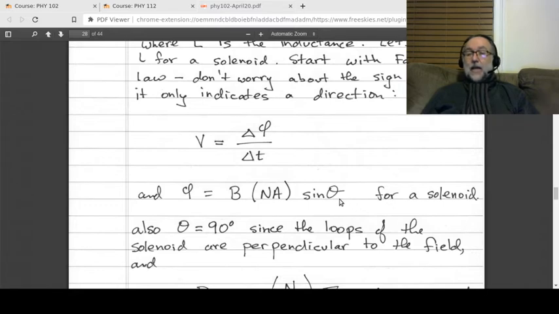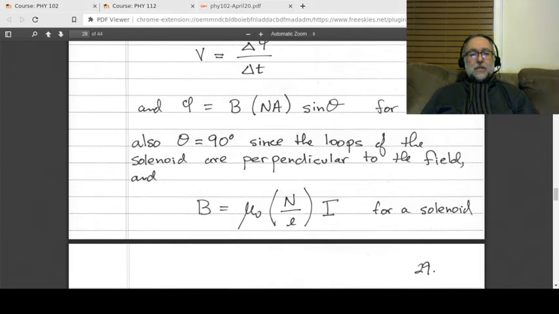Let's assume that the loops are perpendicular to the magnetic field, which is what you get in a proper solenoid where the loops are coiled like I drew above. The magnetic field is perpendicular to the area that each loop creates. So theta here is 90 degrees and sine of theta is 1, and you can write that as just B times NA.